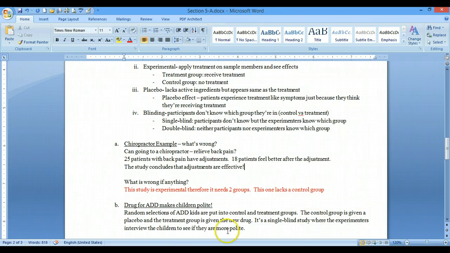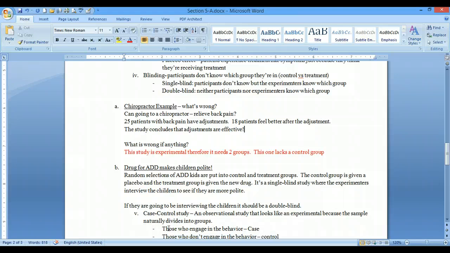And the experimenters interview the children to see if they are more polite. Is anything wrong with this? It sounds pretty legit. We have a treatment group, a control group, a placebo, it's even blinded. However, we have an interaction between the experimenter and the children, and the experimenters know which are in which group. And so, oh, there it is.